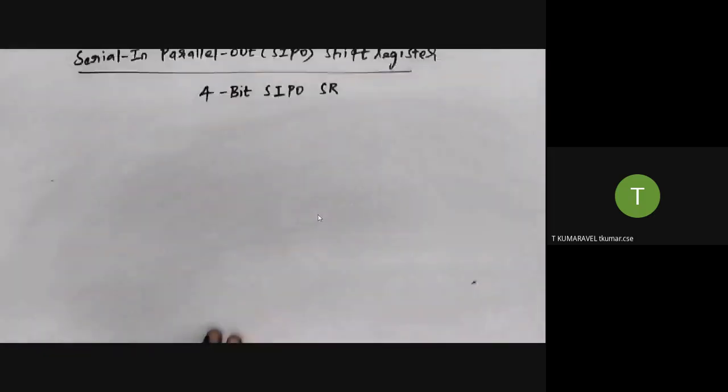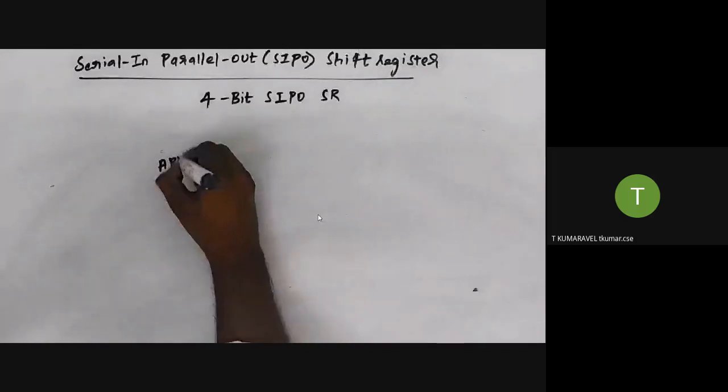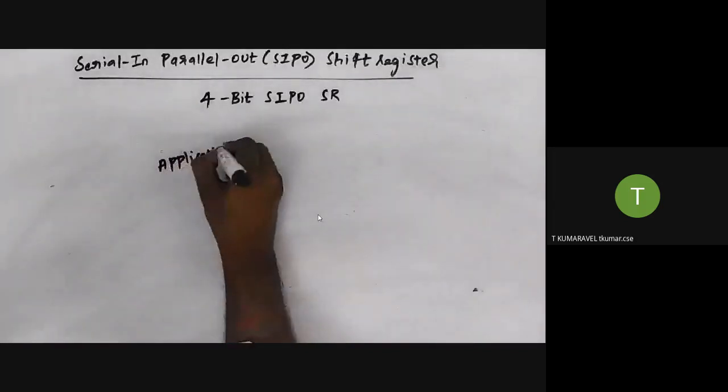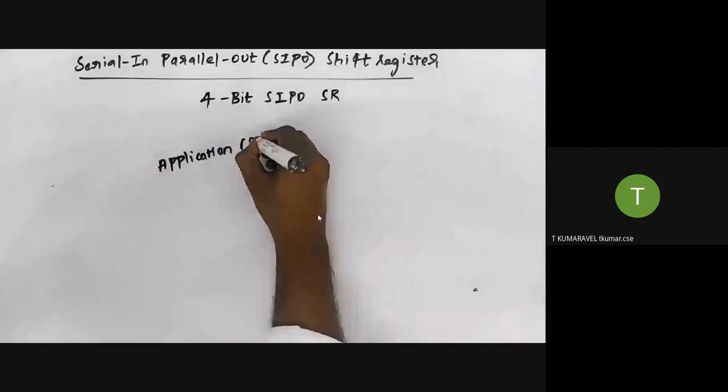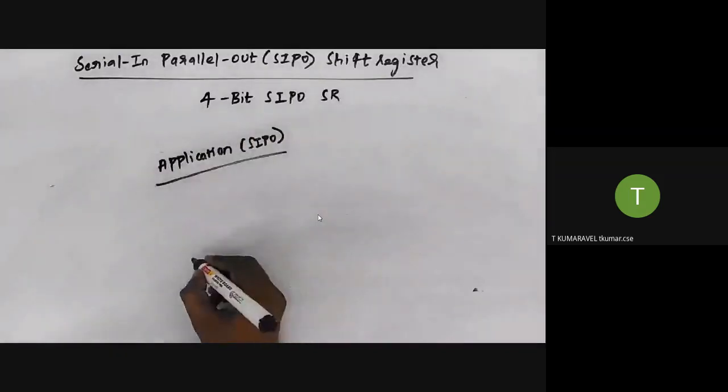What is the application of serial in, parallel out? It is used in telecommunication.